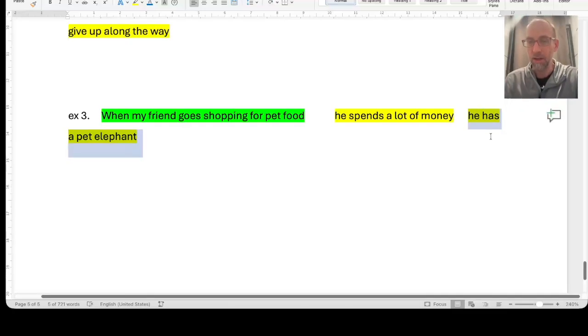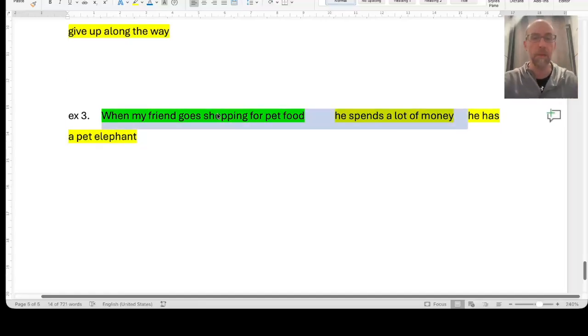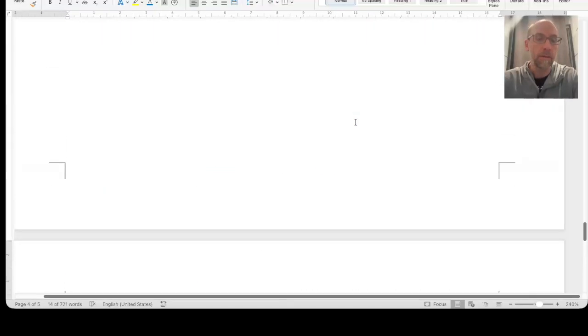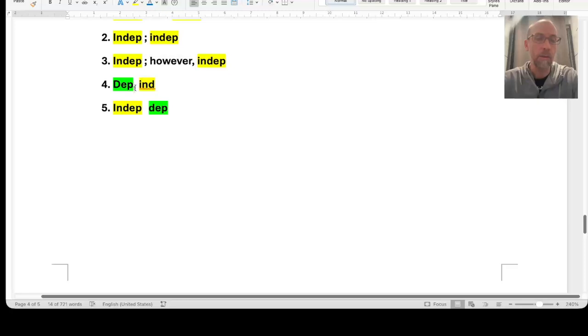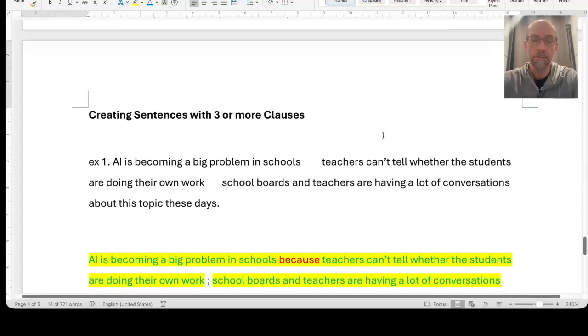I think that's the cause. And the result of all that is that when he goes shopping for pet food, he spends a lot of money. I think, therefore, we should join these two first, right? So green, then yellow, as we saw up above here. Green, then yellow, dependent, independent, we put a comma between them.